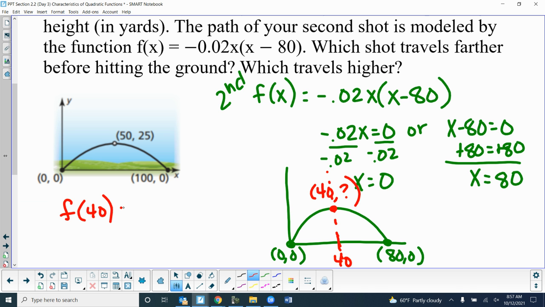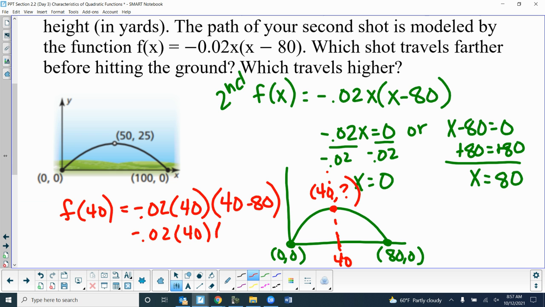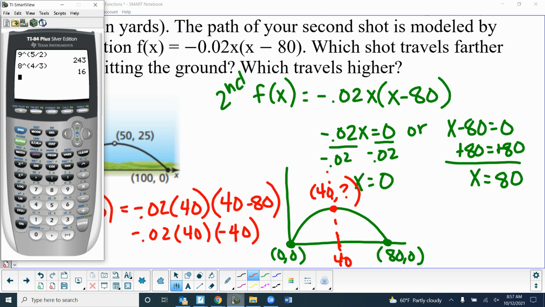So negative 0.02 times 40 times (40 minus 80), which is negative 40. Let's put that in our calculator. Negative 0.02 times 40 times negative 40 is 32.